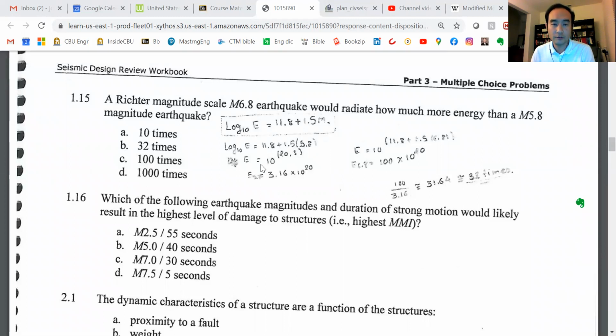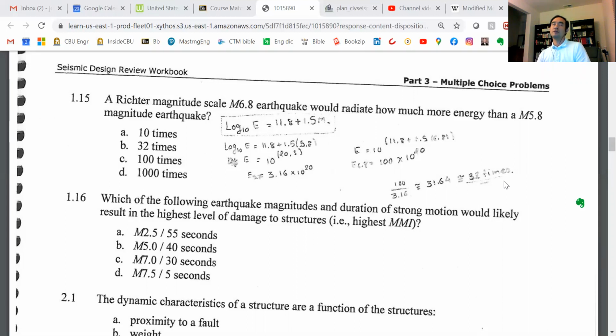So here you can see my calculations here. So I plug in 5.8 to solve it for this energy, and then calculate the 6.8 case, and take the ratio between those two, and it's about 32 times.